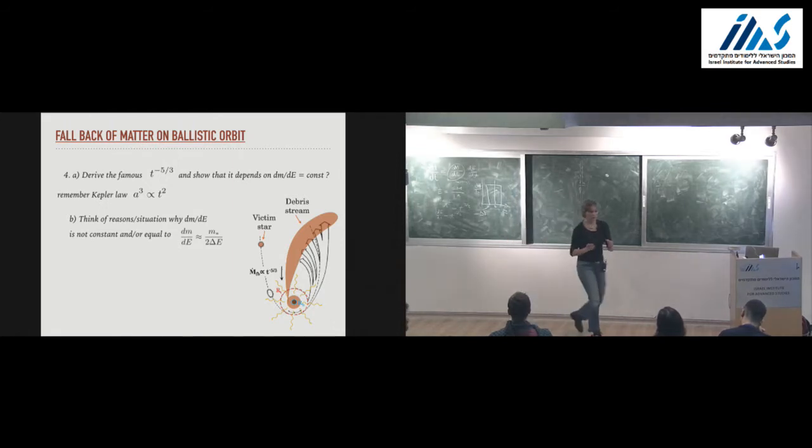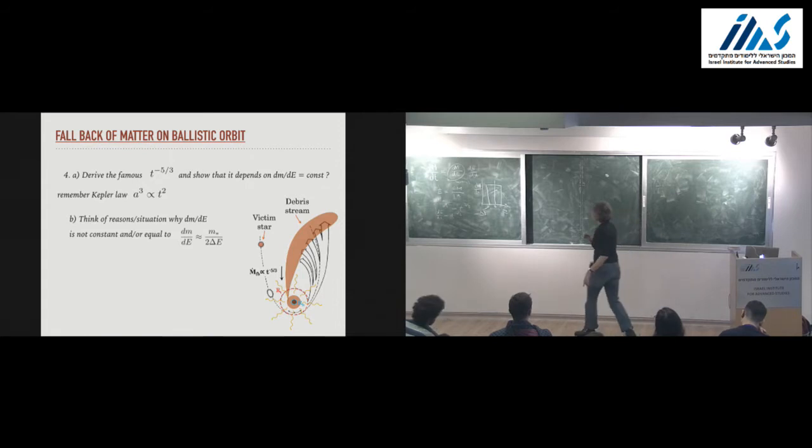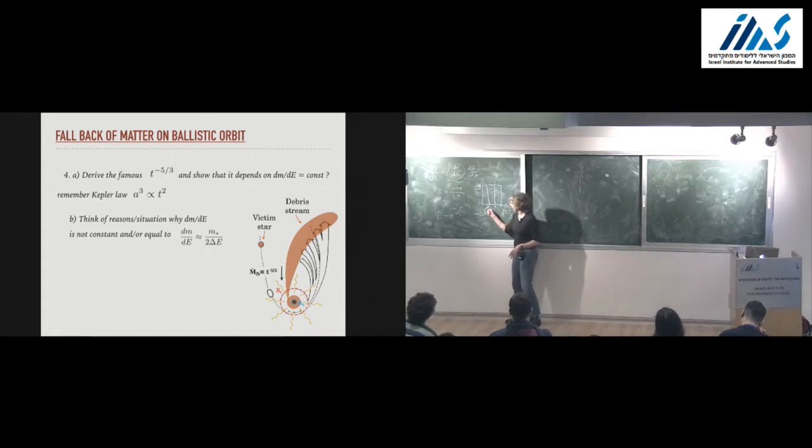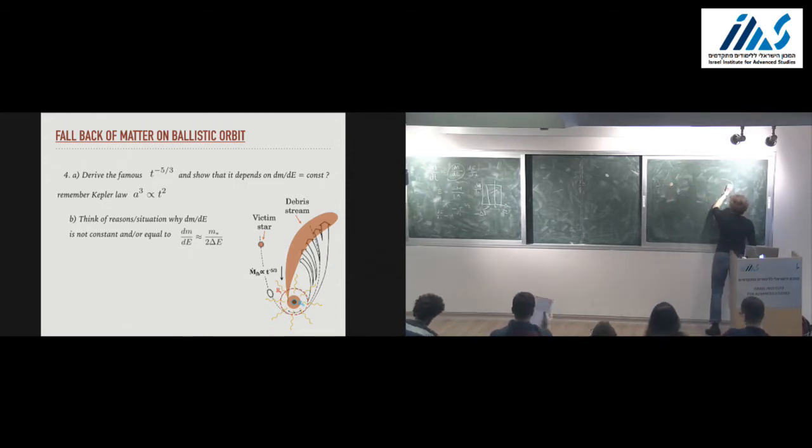Yes? The stellar, not composition, but density. Yes. What's your name? Tarane. Okay. So this corresponds to which part of the star? Again, this is my black hole. This is the star.